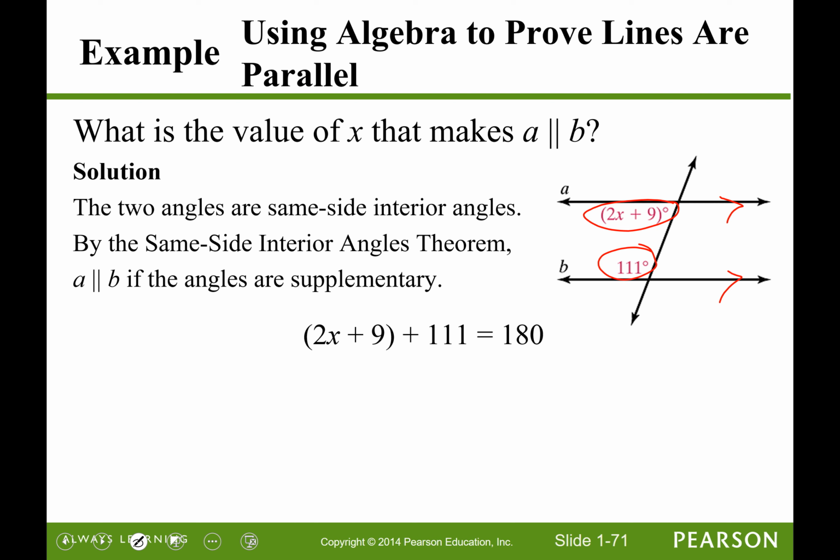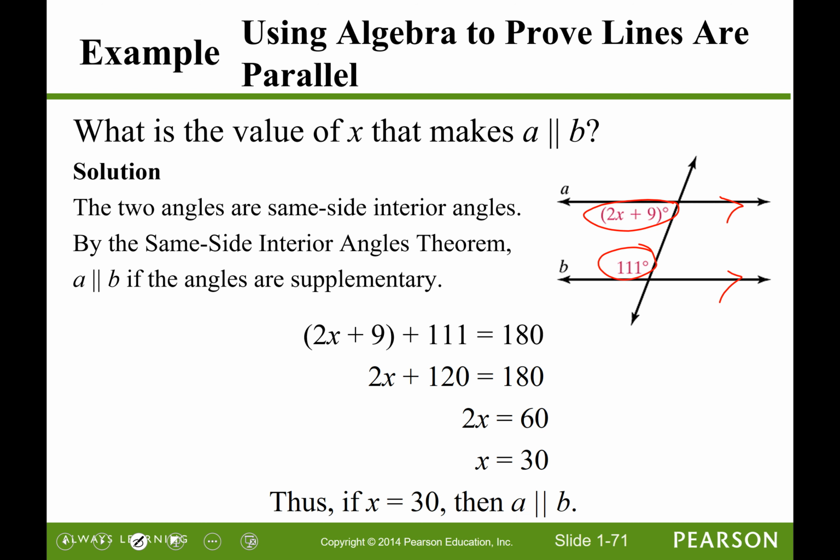For that to happen, x would have to be, we combine the 9 and the 111 right there, subtract 120 from both sides of the equal sign, that's the subtraction property of equality, and finally divide both sides of the equal sign by 2, that is the division property of equality. And so it turns out that x would have to equal 30 for those two lines to be parallel.